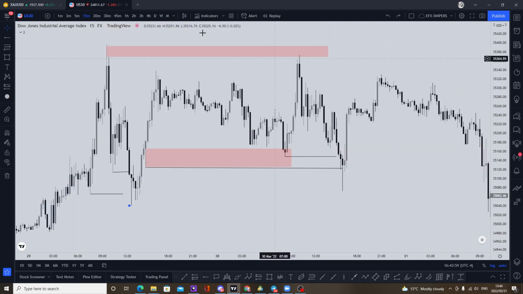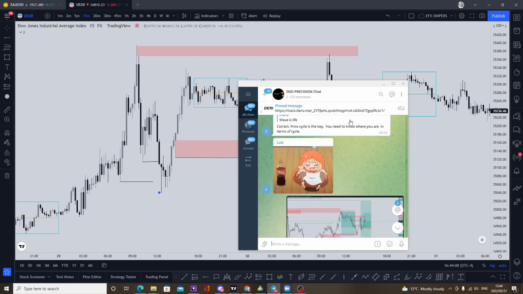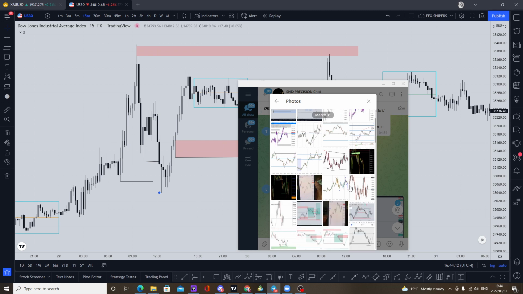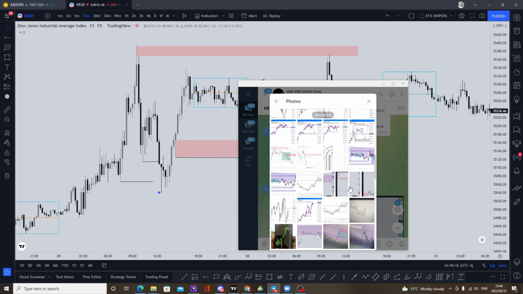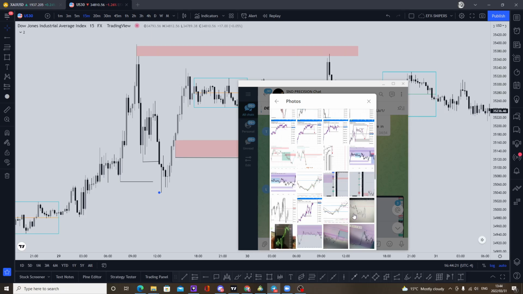If I show you guys with the Asian range, you'll see what happened yesterday, because here I was on M1. I think I might have that picture somewhere here. When I took this entry, I shared it in the group yesterday, if I'm not mistaken. Not this one.